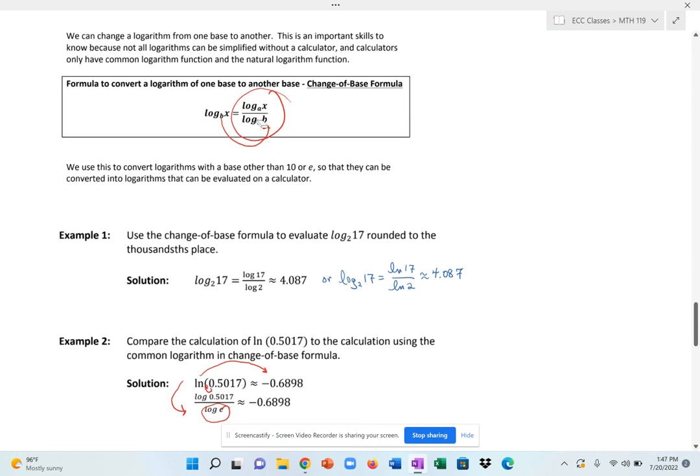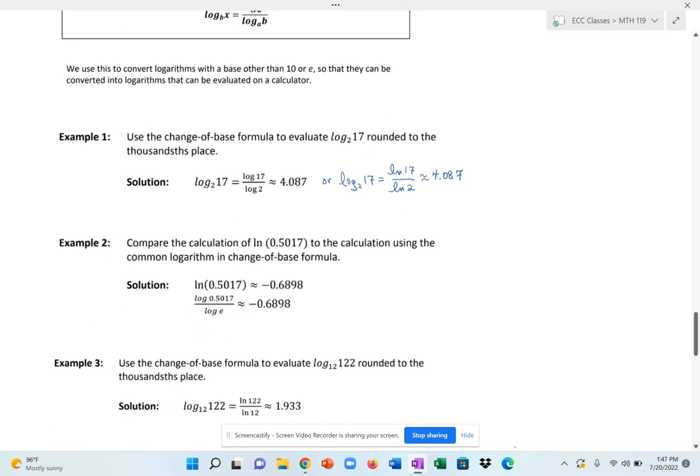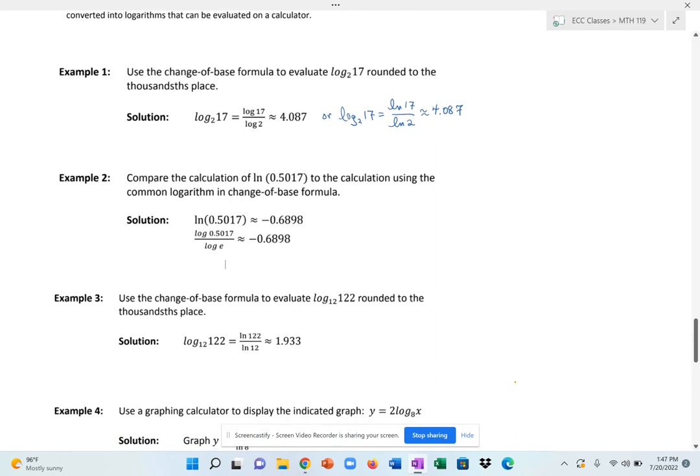If you did that computation of that ratio, log of 0.5017 divided by the log of e, you get the same exact answer as in the first calculation. So that's to show you how the change of base formula will work, no matter what your situation is.